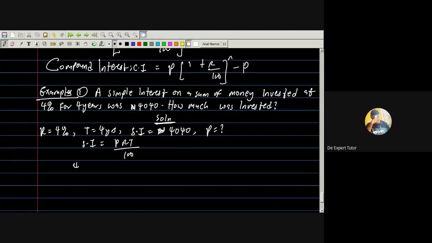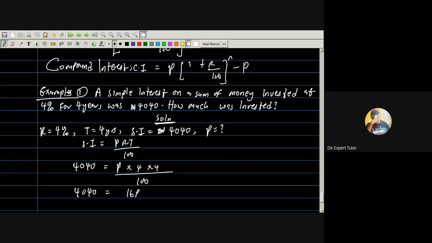Simple interest is 4,040. I have to find the principal. I don't know it. My rate is 4, that 4%, 4 over 100, so you need to put another over 100. Then times time. My time is 4 years. Then divided by 100. So I have 4040 equals 4 times 4, which is 16.